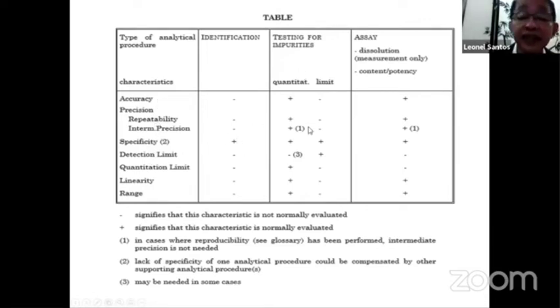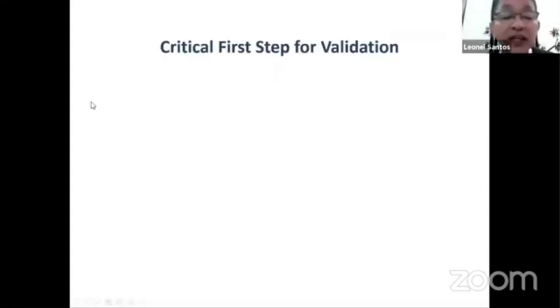Impurities, again, are the same for both the quantitative and limit tests, except for the assay. Their assay includes also performance tests such as the dissolution, content uniformity, and potency. So they bunch together the assay and the performance tests versus USP separates them in the previous table that I have shown you. So that would be a difference between ICH and USP.